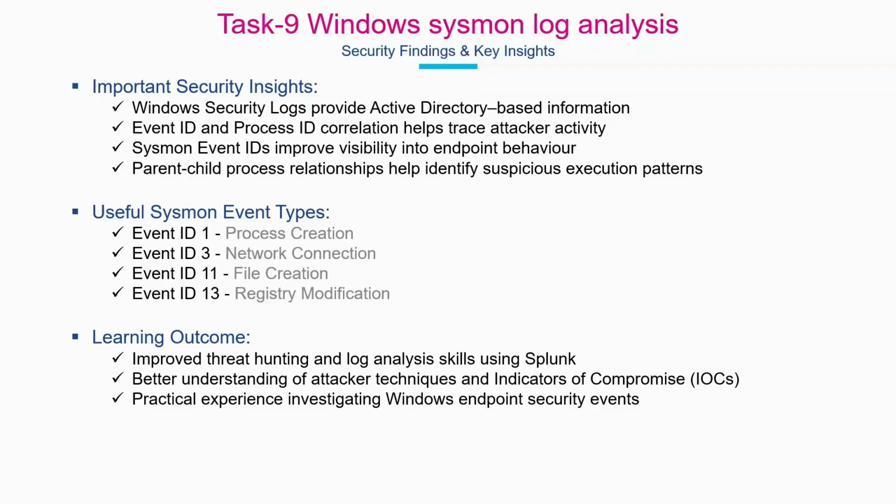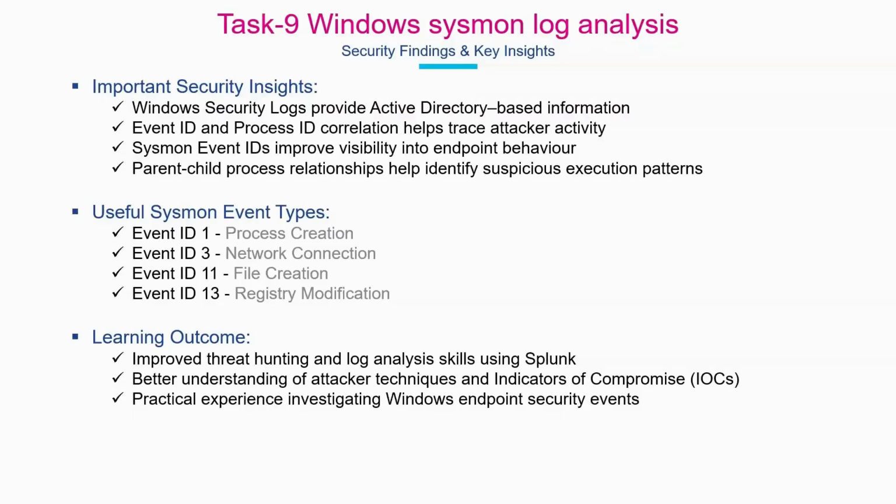And we got some important security insights. Windows security logs provide Active Directory based information, and event ID and process ID correlation helps trace attacker activity. Sysmon event IDs improve visibility into endpoint behavior, and parent-child process relationships help identify suspicious execution patterns.